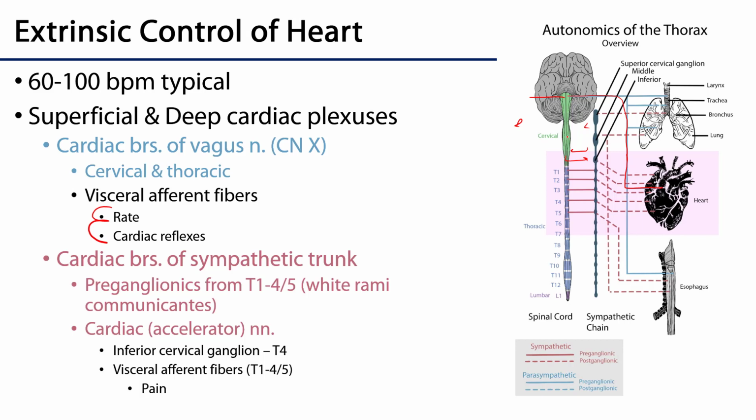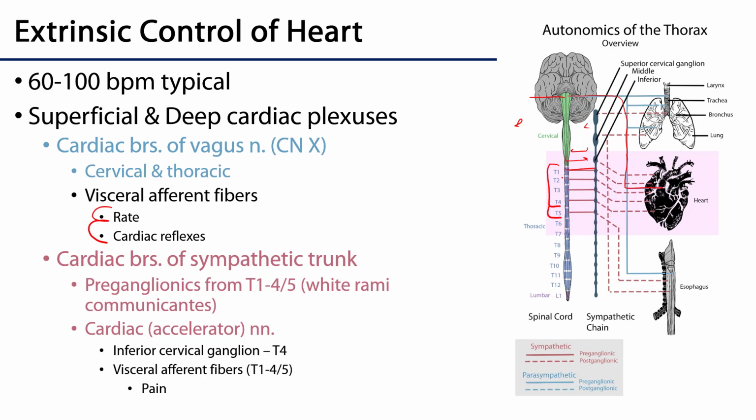Now, there are exceptions to this, and certain branches can leave from the sympathetic chains directly. In the case of the cardiac nerves that supply the sympathetics to the cardiac plexus, we need to consider both the preganglionics and the postganglionics. Now the preganglionics are going to come from thoracic spine levels T1 through T4, and sometimes will also include T5.